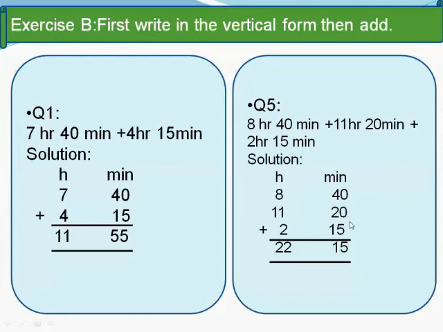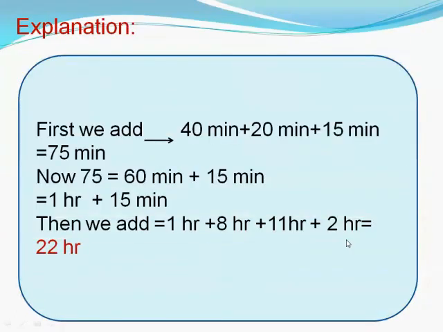Now start our addition from the minutes. First we add. See the explanation. First we add 40 minutes plus 20 minutes plus 15 minutes is equal to 75 minutes, and this 75 is greater than 60. So we break up this 75 into 60 minutes plus 15 minutes, and this 60 minutes is converted into 1 hour plus 15 minutes.